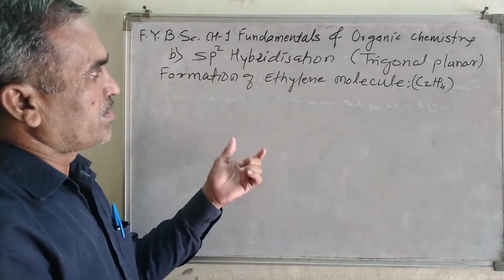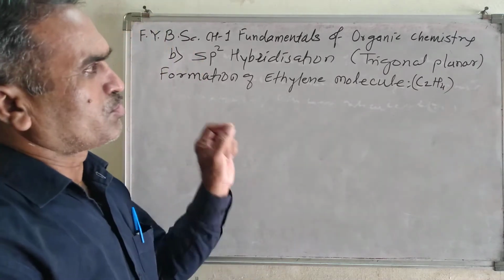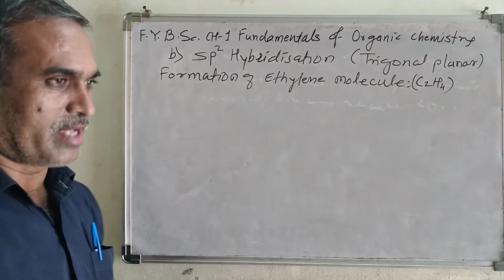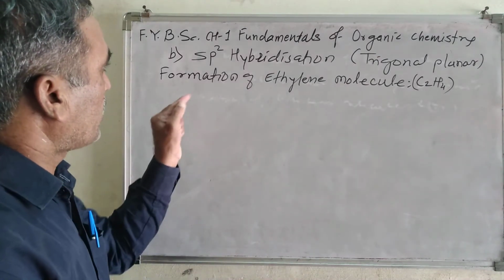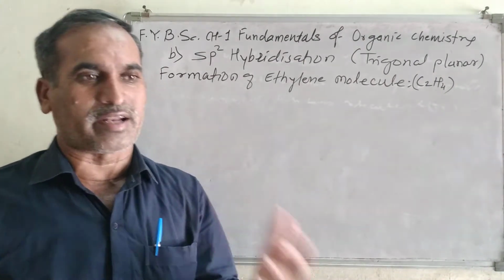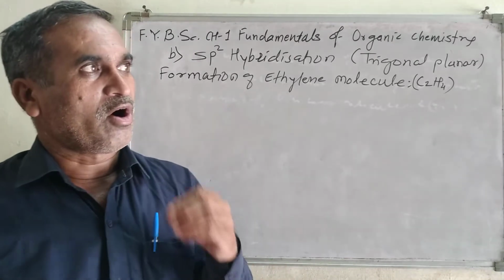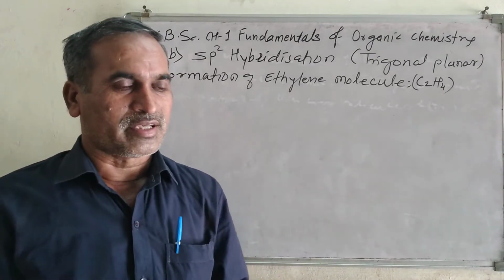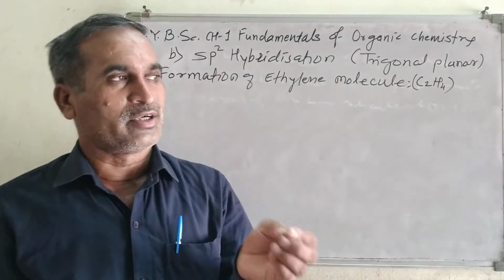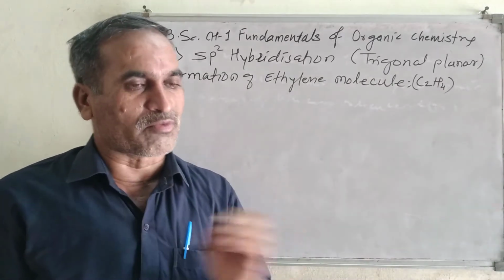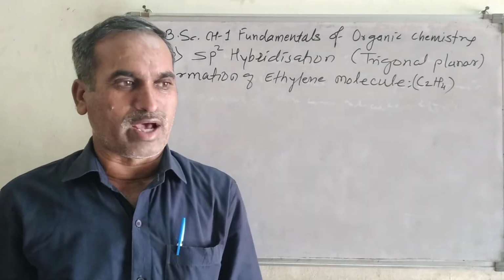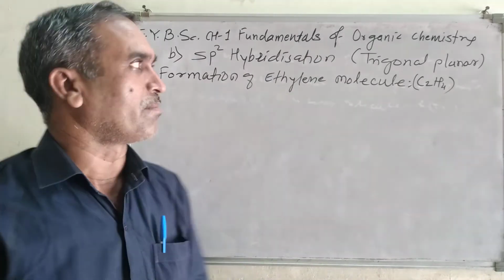When sp2 hybridization occurs, it has trigonal planar geometry. According to our definition, hybridization is the process of mixing and recasting of atomic orbitals of different energies in an isolated atom to form new orbitals which are equal in energy, and the new orbitals are known as hybrid orbitals.